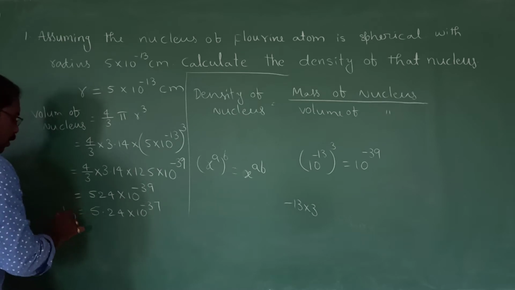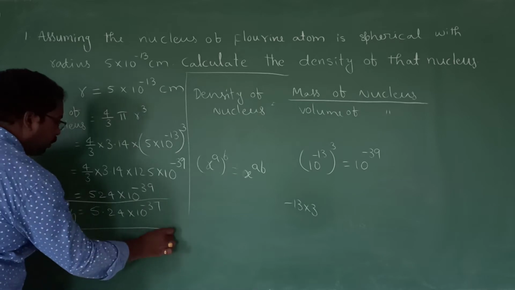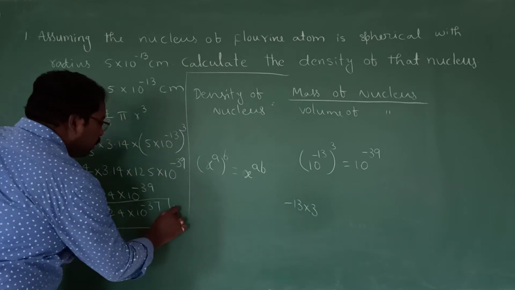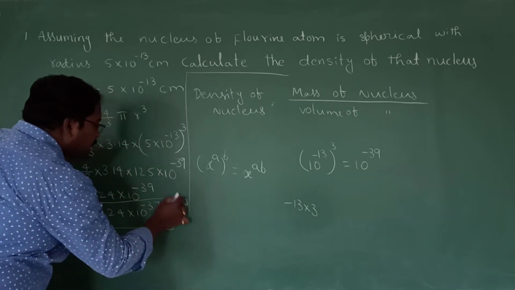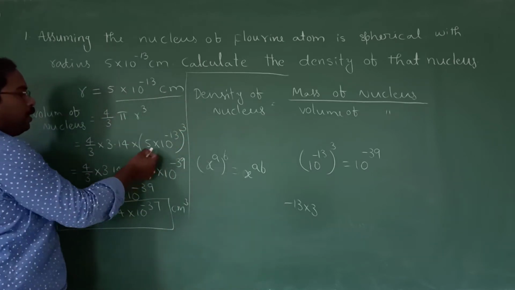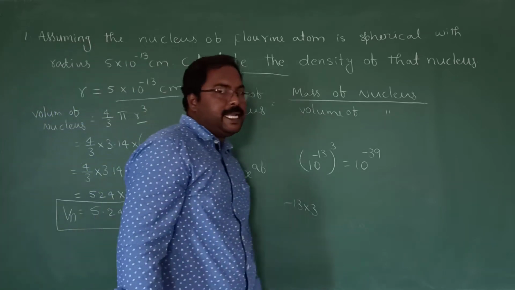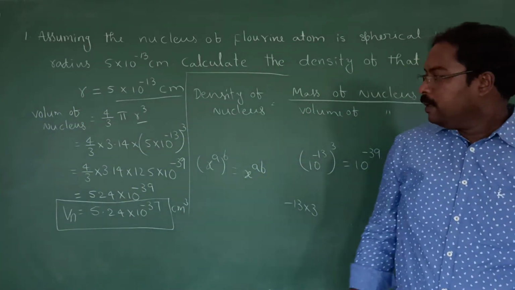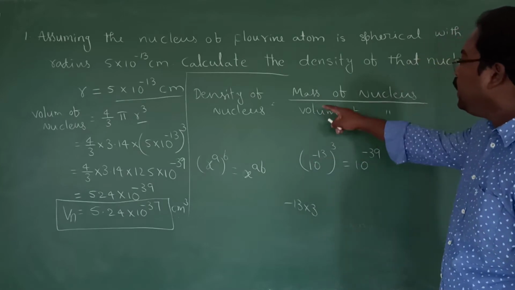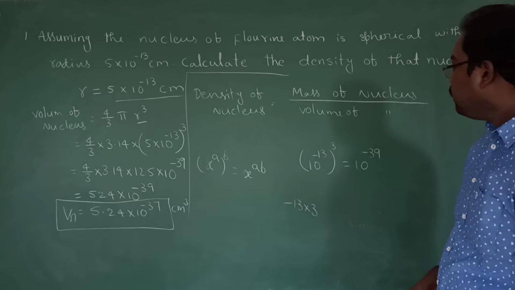This is the volume of the nucleus. As the radius is given in centimeters and we have taken r cube, the units of the volume will be centimeter cube. Okay? So what is the other information we need here? Mass of the nucleus.